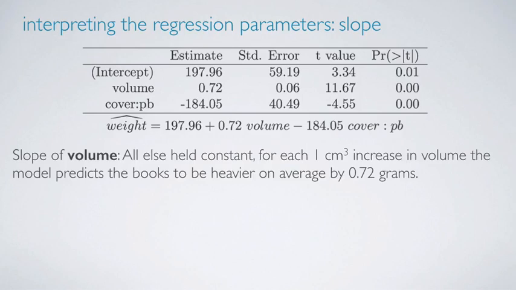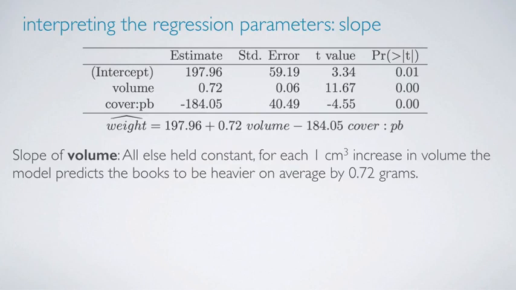Remember, we interpret slopes as what happens to y, or what is expected or predicted to happen to y on average, as x increases by 1 unit. Since we measured volume in centimeter cubes, a 1 unit increase corresponds to a 1 centimeter cube increase in volume. And the other bit here that is new is this bit about all else held constant.